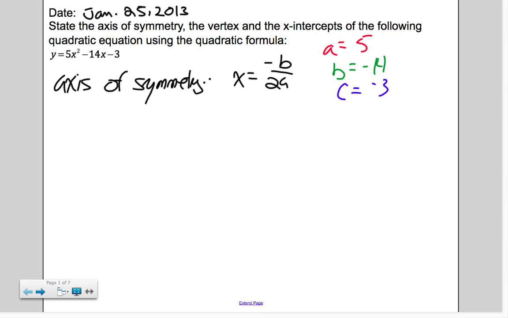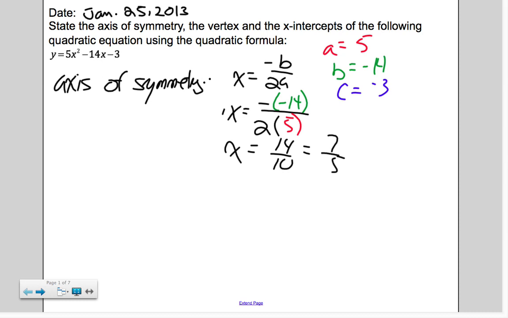Okay, so we plug in x is equal to negative negative 14, all over 2 times a, which is 5. Then we get x is equal to 14 over 10, which is equal to 7 over 5. Okay, so that's a nice property of the quadratic formula. We can actually get the axis of symmetry really, really fast.